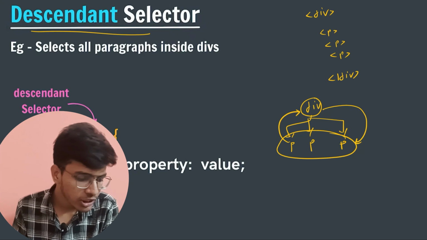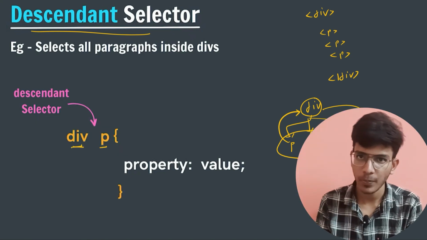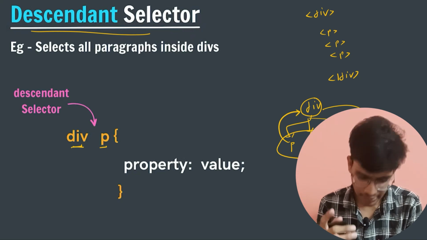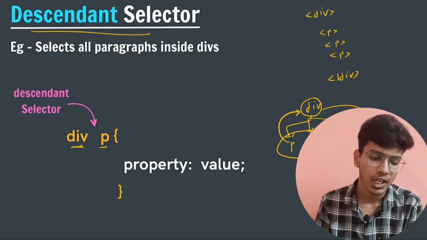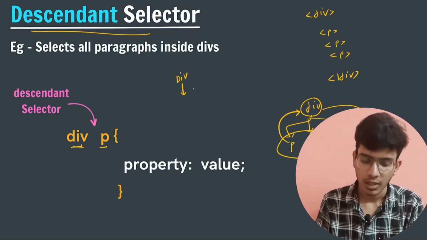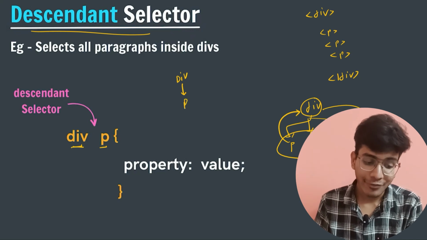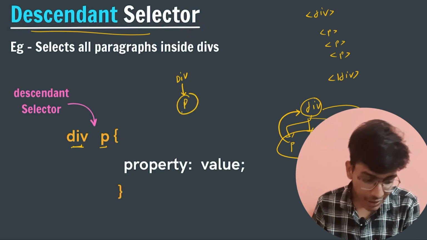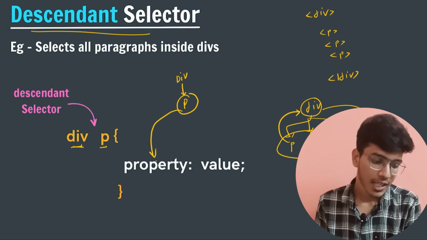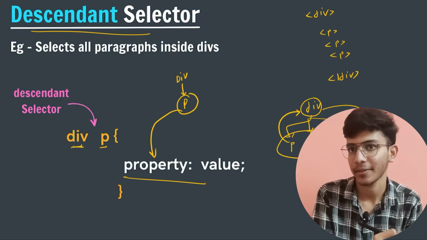So first of all I will write div p, with a space between them. What this tells us is that the div has an element called paragraph, and whatever styling you provide for this paragraph element will get applied to that particular descendant.